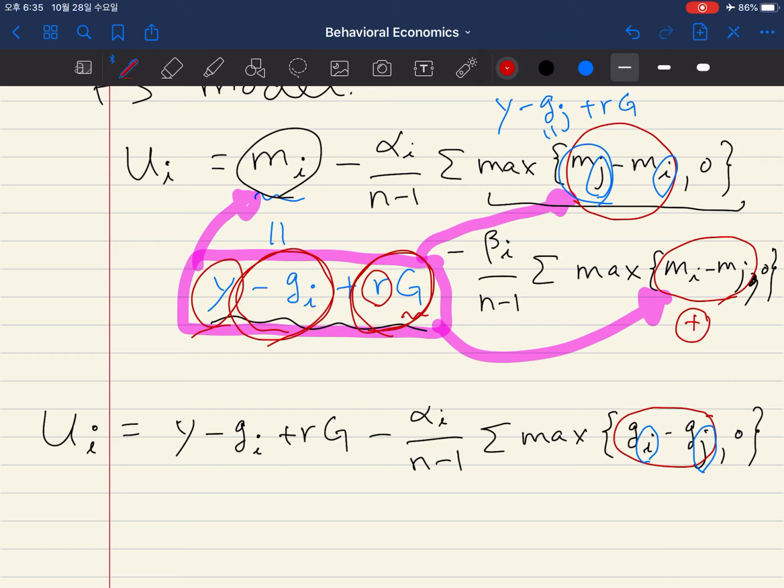So as we can see in this green expression, if I spend more for public good than individual j, then this is gonna be the source of envy because I spend more for public goods, so eventually my material payoff is gonna be lower. So I'm gonna feel envy for individual j.